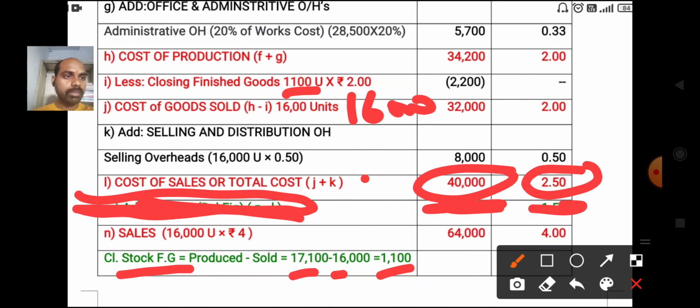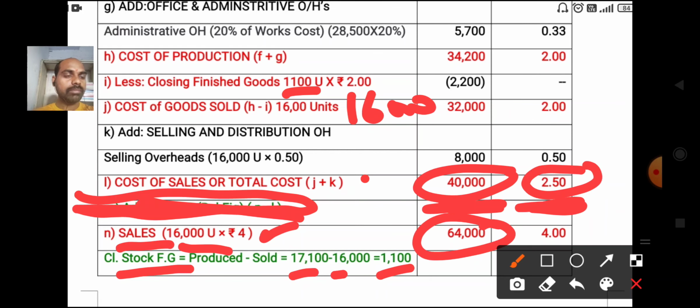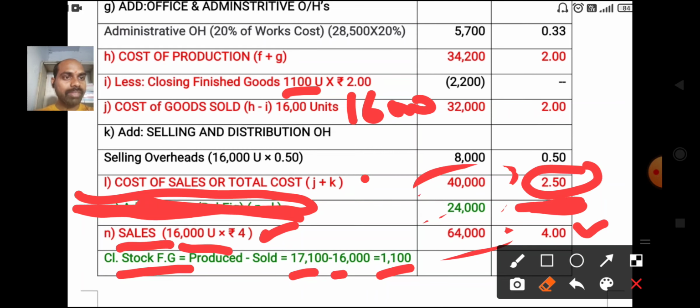Number of units sold is 16,000 units at 4 rupees per unit, so sales will be 64,000. Per unit it is 4 rupees. From 64,000 if you deduct 40,000 you will have 24,000 as profit.